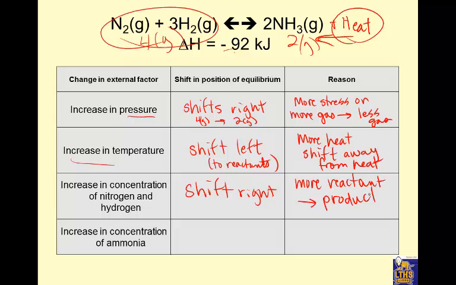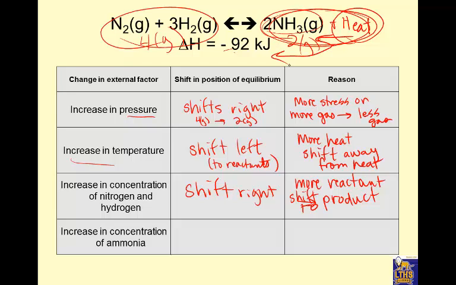Now increase the concentration of ammonia. So putting more ammonia into the container. More ammonia puts stress on this side of the equilibrium, so it's going to shift left to relieve the stress. More NH3, shift away.